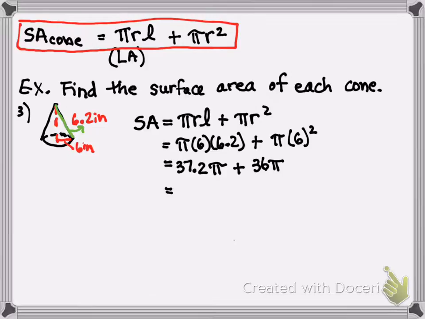So when I add them, 37.2 plus 36 gives me 73.2 pi. So now what I'm going to do is multiply that, 73.2, by pi, 3.14159.